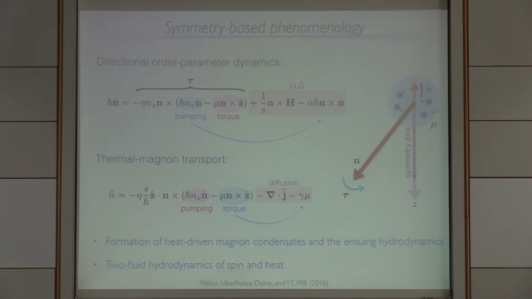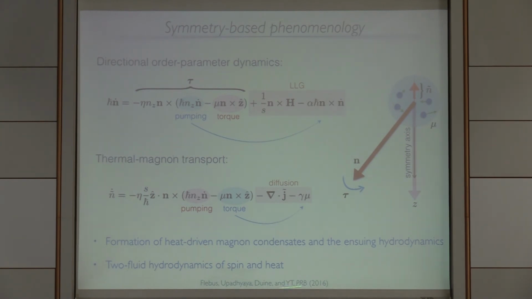Specifically, in the next few slides, I will address the problem of the formation of the heat-driven magnon condensates and the ensuing two-fluid hydrodynamics. So I will use an externally applied heat current to shift the chemical potential away from equilibrium. It's some kind of analog of a thermoelectric effect in insulators, applying a heat current, shifting the chemical potential of your quasi-particle.